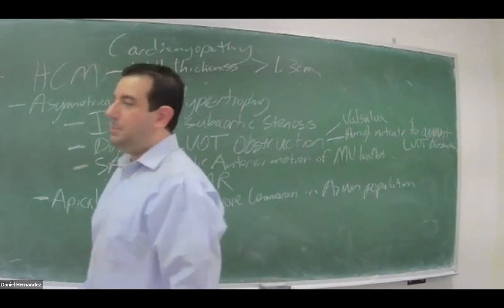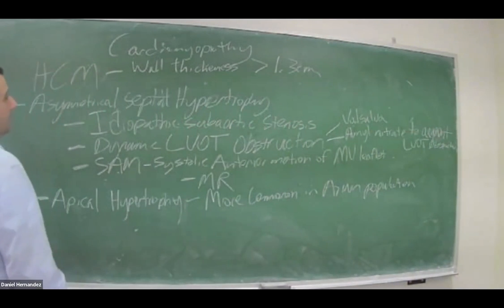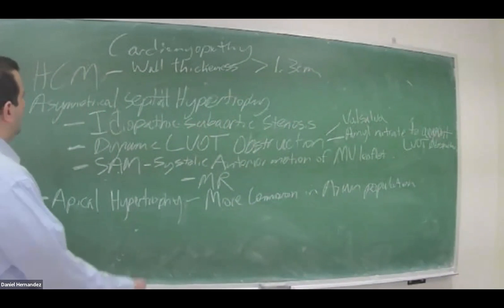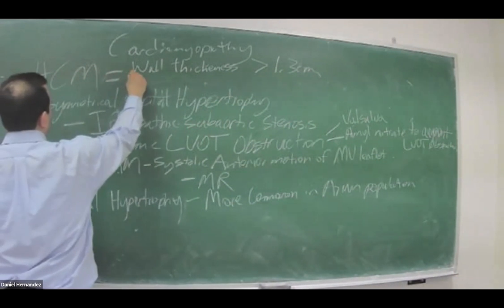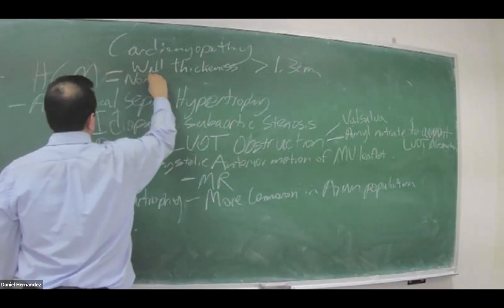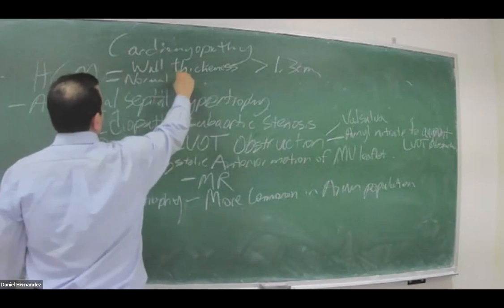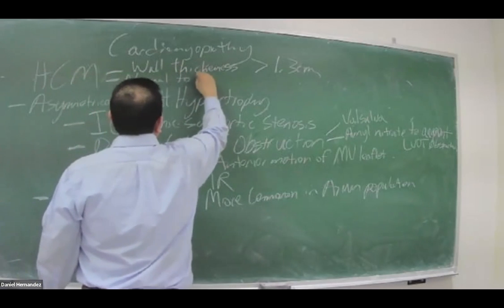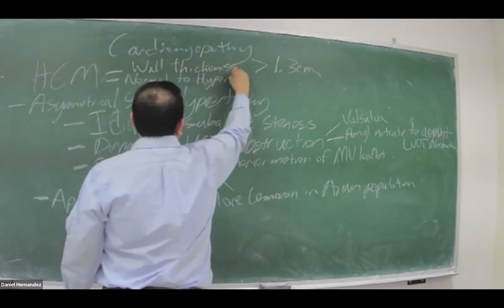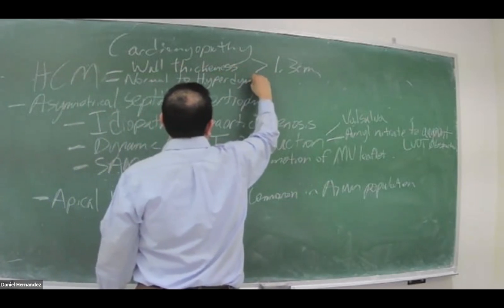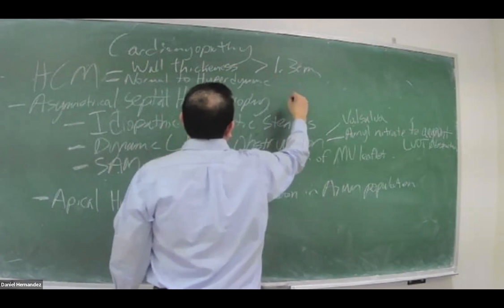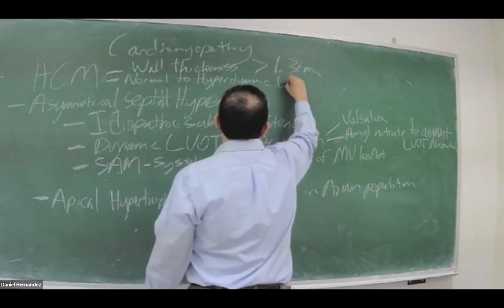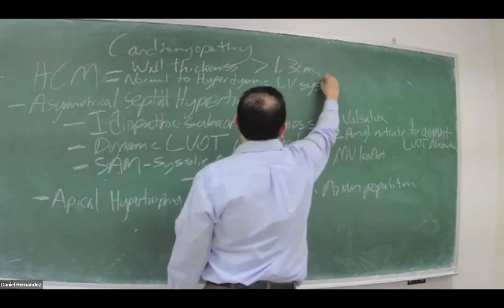So with hypertrophic cardiomyopathy, these patients have normal to hyperdynamic LV systolic function.